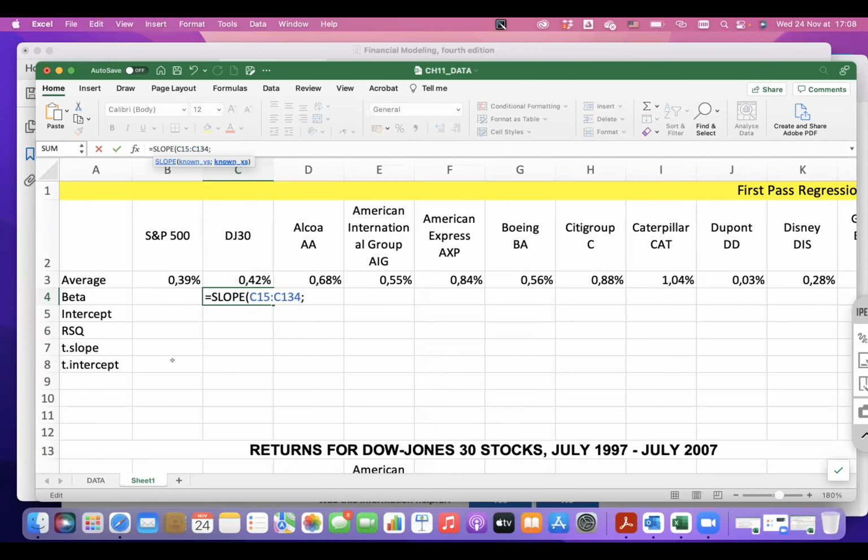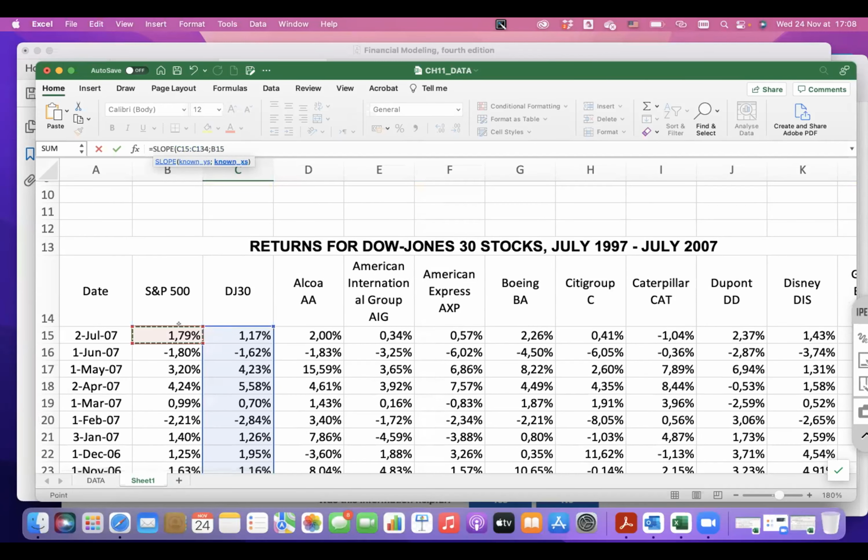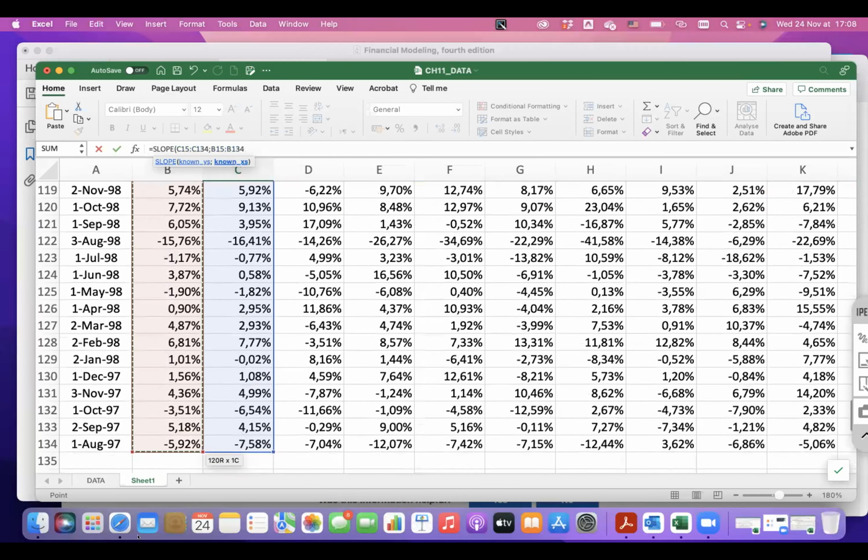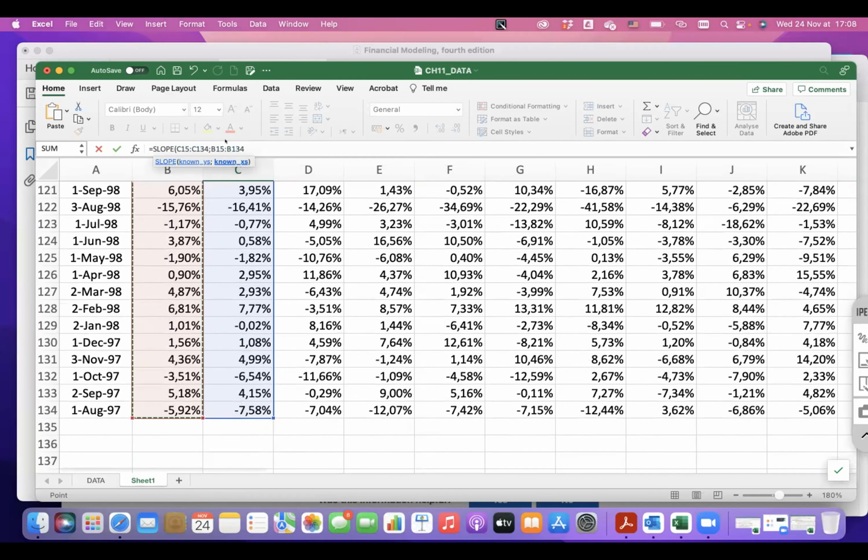So we'll first select the X variable, then add a dollar sign, then close the parentheses.